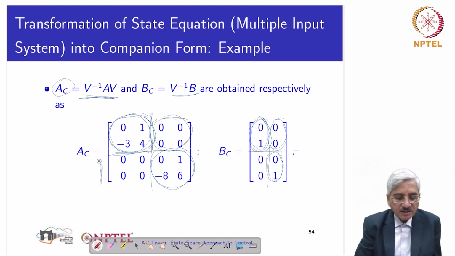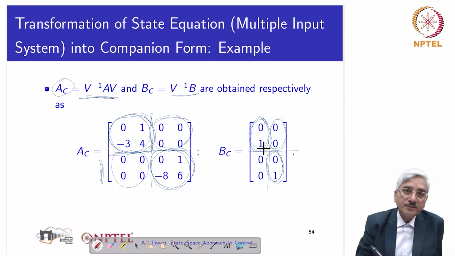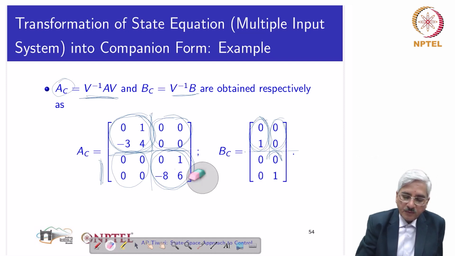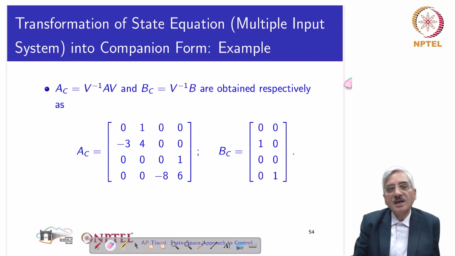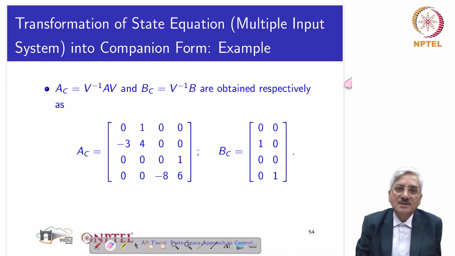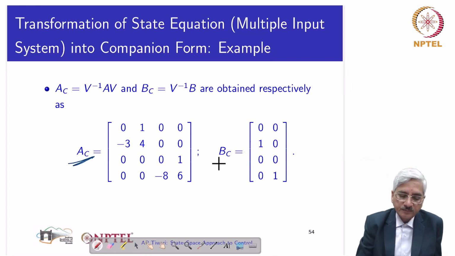Similarly, the second set of states, Z3 and Z4, are not dependent on Z1, Z2, they are dependent among themselves. Z3, Z4 are dependent on Z3 and Z4 and only on B2. So in case of this transformation to companion form, for a system in which there are no over-designed inputs, inputs are only as many as the required ones, we will get this kind of structures of AC and BC.